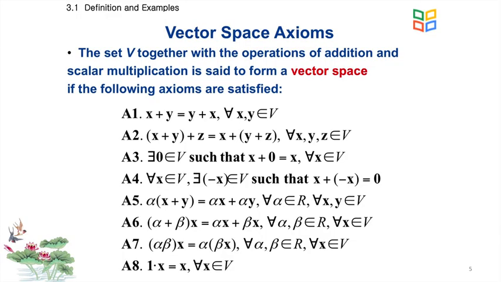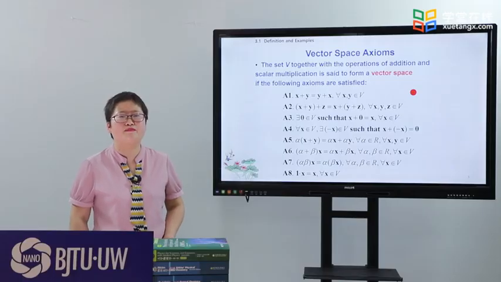So you have an additive inverse of X. Okay, and axiom 5 requires that alpha times the addition of X and Y equals alpha times X plus alpha times Y, for any alpha real number and any X, Y vectors in this set. So they have the distributive property.